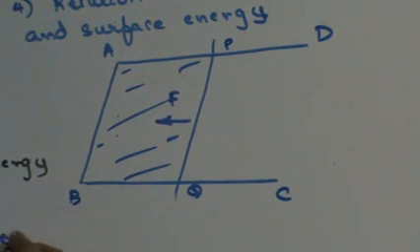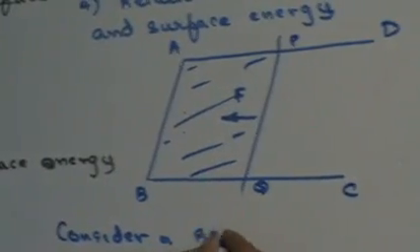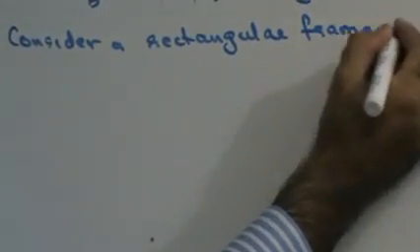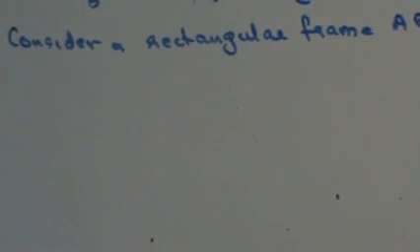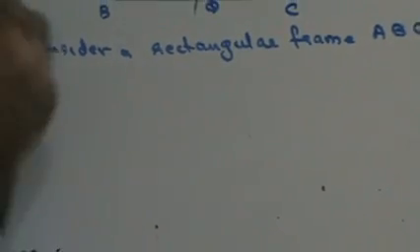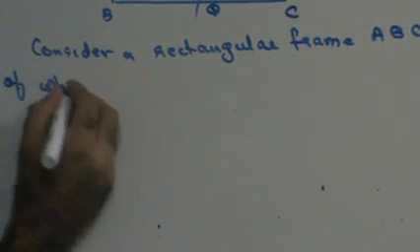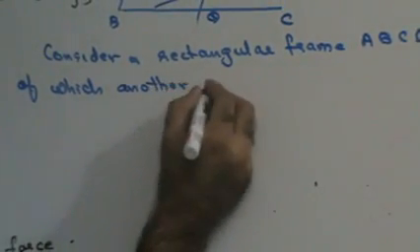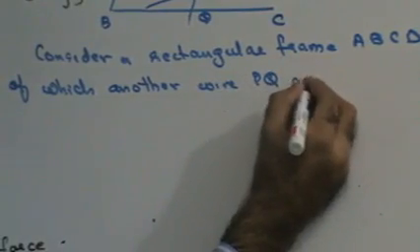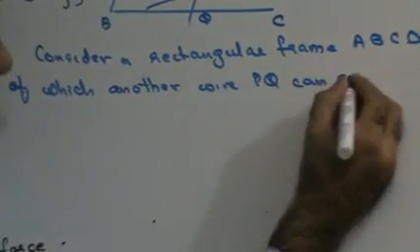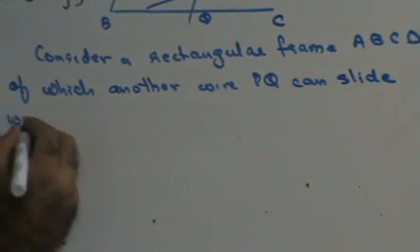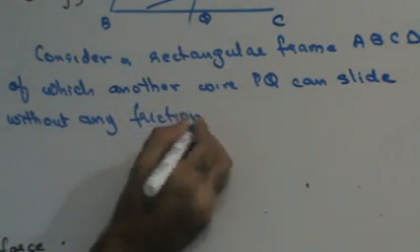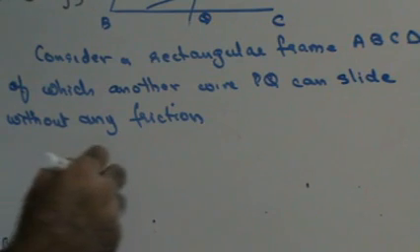Consider a rectangular frame ABCD, of which another wire PQ can slide without any friction.